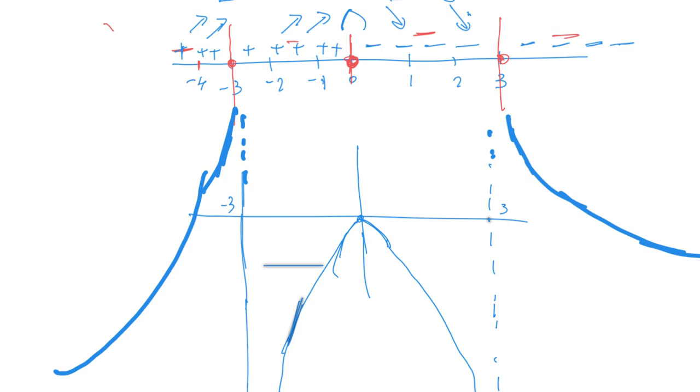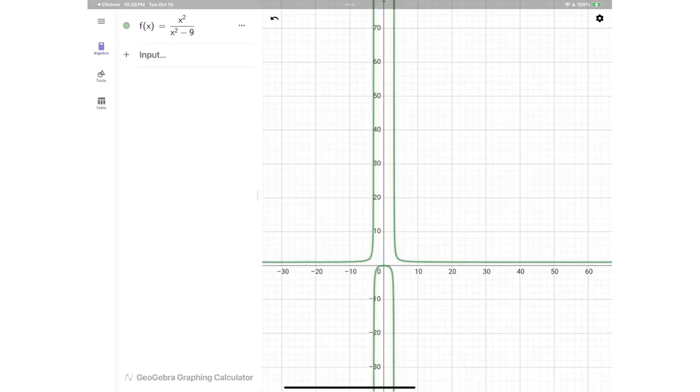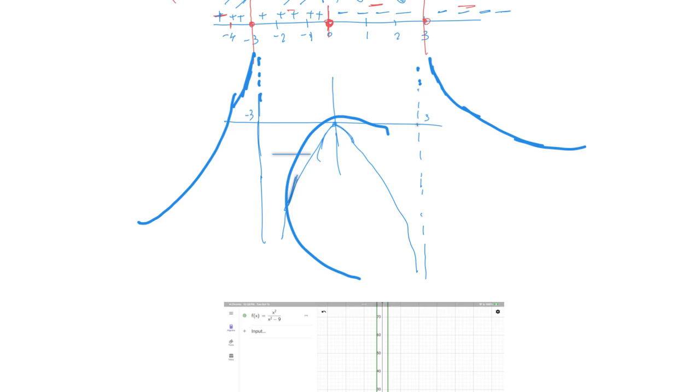How to check this graph? Well, let's go to GeoGebra and put it in GeoGebra. If you put it in GeoGebra, the graph will look like this. So, you see, this part I have to draw like this.